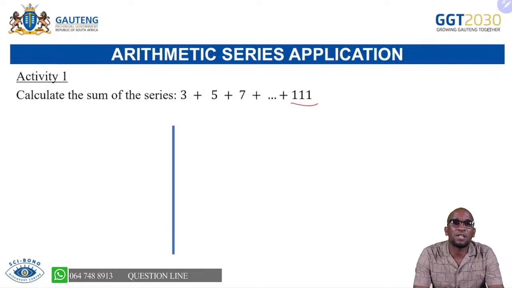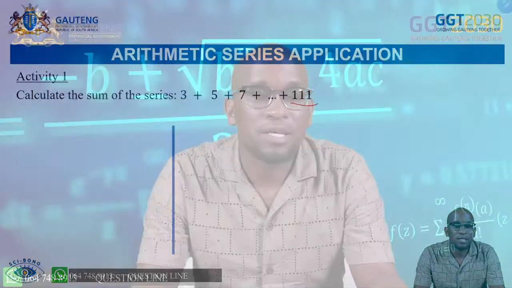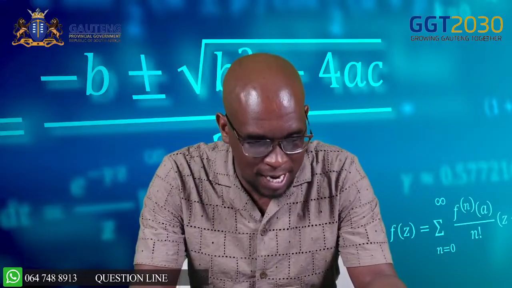So because of that, you have to start by calculating the value of n to know how many terms you are adding. Then you can use the results to calculate the sum to the n terms, right?